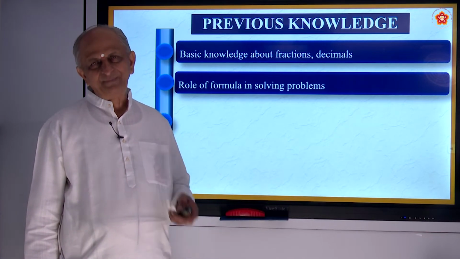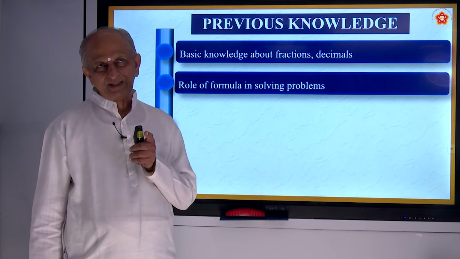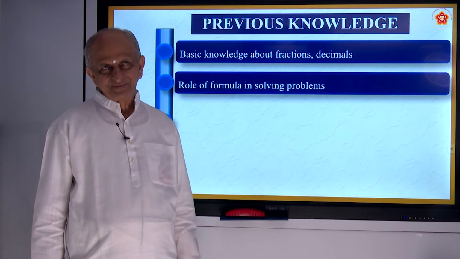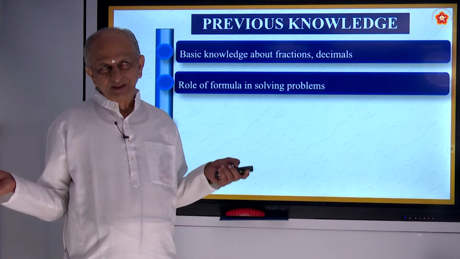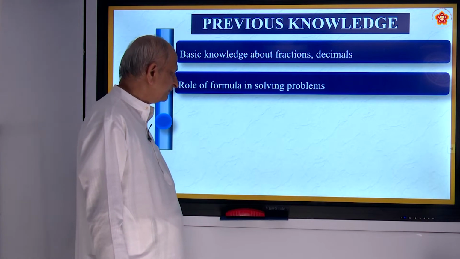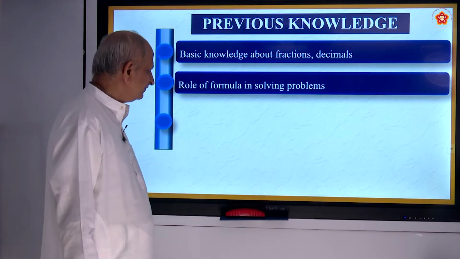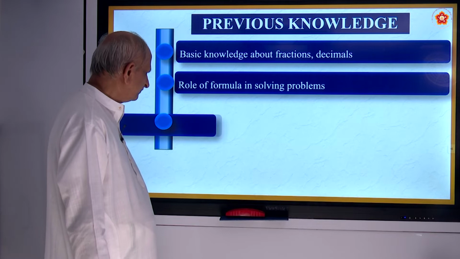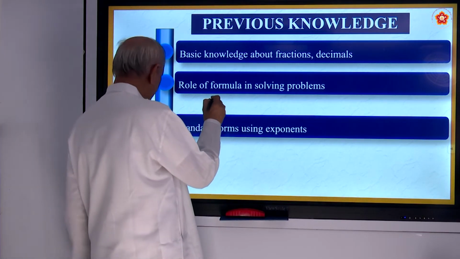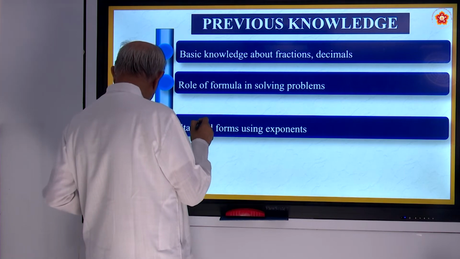That is why we say algebra is a simplified arithmetic. So, algebra formulas help for solving the problems of arithmetic. For example, you have a formula called I is equal to PTR by 100.